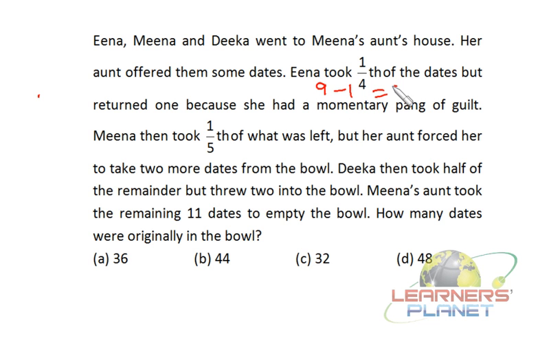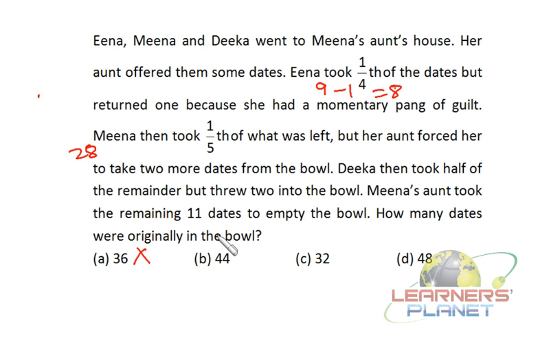So we are left with 36 minus 8, that is 28. Now Meena took 1/5 of what was left. 1/5 of 28 will be a fraction, so it cannot be the right choice. That means 36 cannot be the right choice.